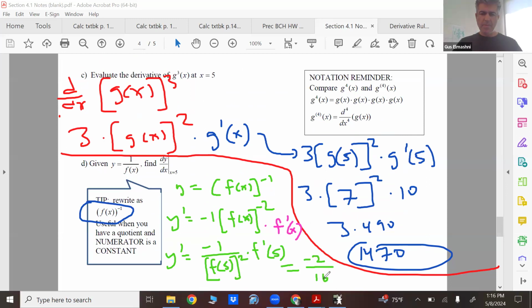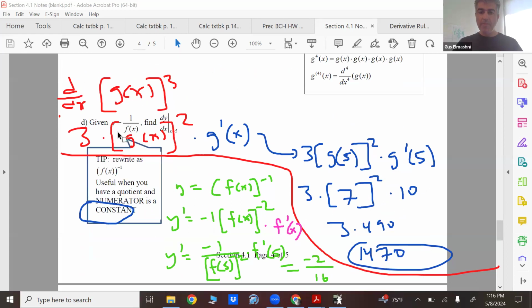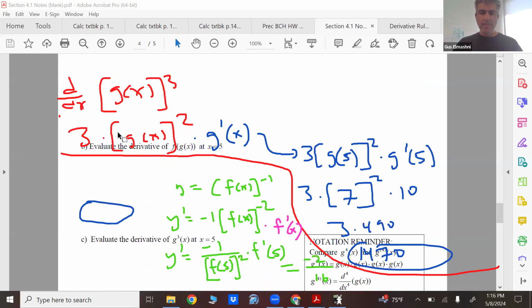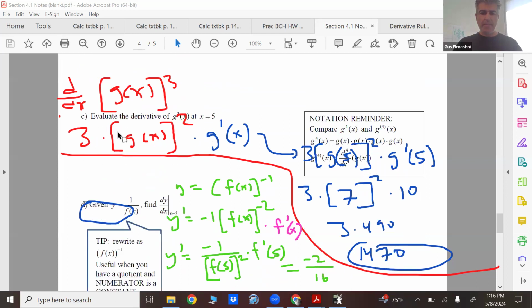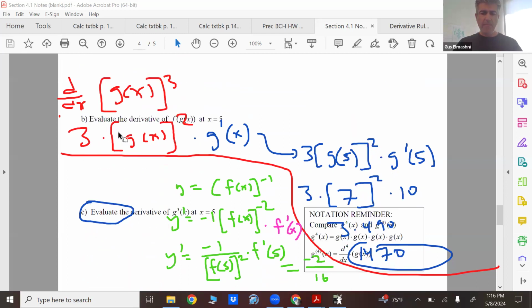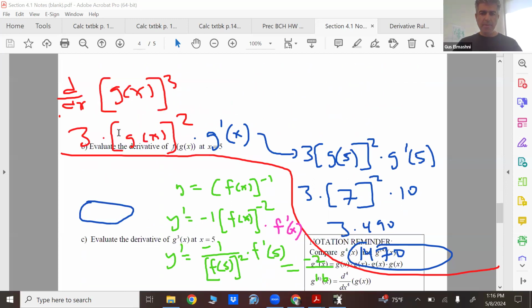And 16, sorry, what was that 5 again? My short-term memory stinks these days. Wait, hold on. -4. Sorry, guys, but no, I'm right. F of 5 is -4, squared is 16. F prime 5 is 2. Okay, so you get -1/8.